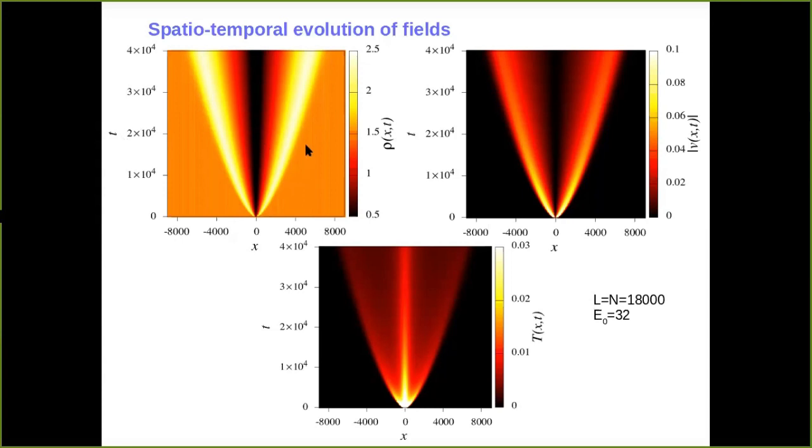Both density and velocity have a peak near the shock front. These two are the shock front and this is the shock center. But the temperature profile has an additional peak in the shock center. That is the observation. This simulation was done for N equal to L equal to 18,000 and the initial blast energy was taken 32.